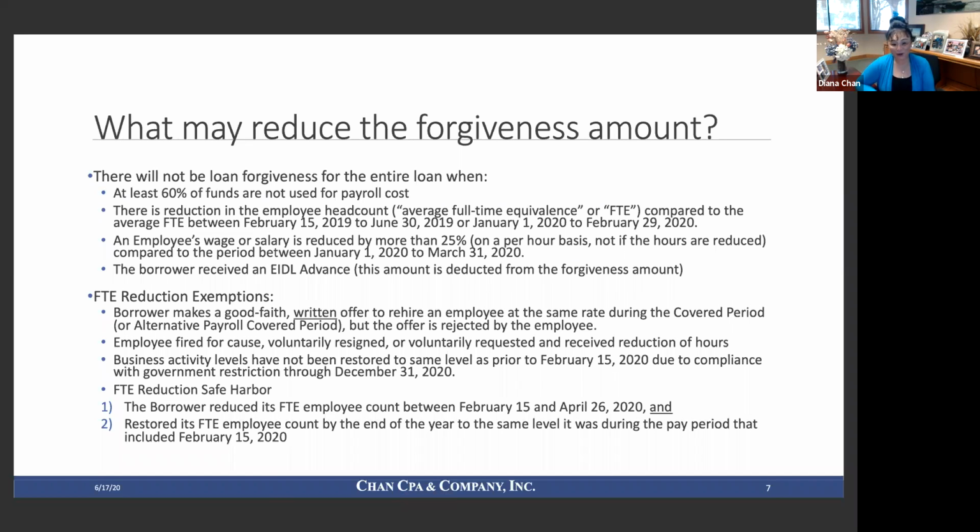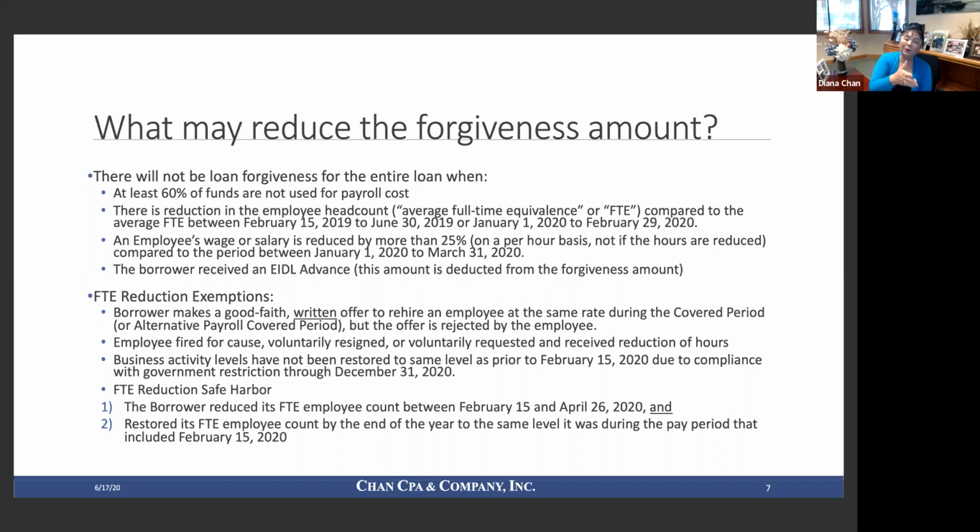All right, so here we go. So what may reduce the forgiveness amounts? Well, the very first thing is, you know, how we need to help you tax plan for this, because if by chance you received $100,000 and you didn't meet the 60% payroll cost, that would then reduce the forgiveness amount, and it would be converted into a loan.